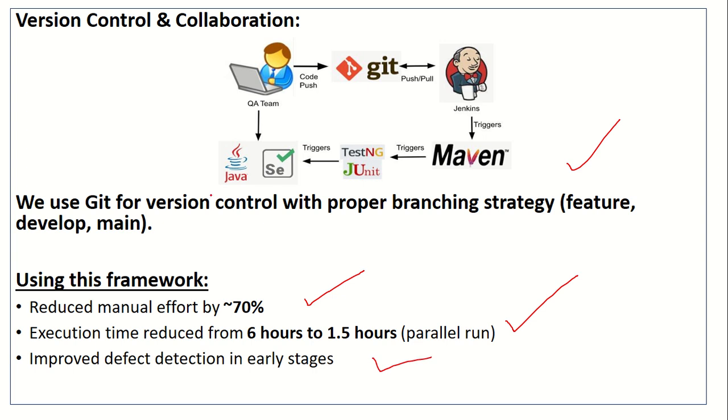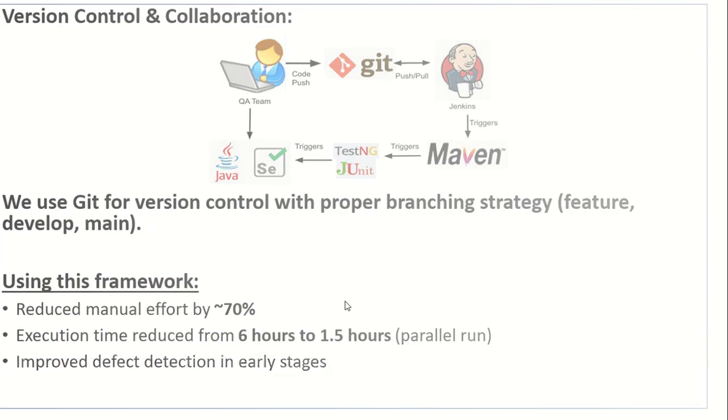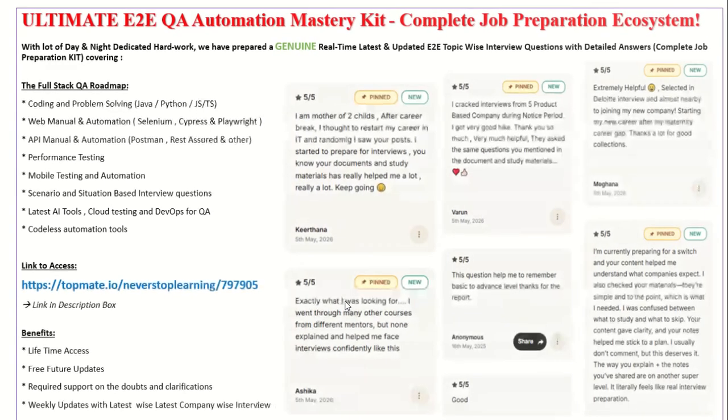So these are the points that you can add at the end, so they will easily get to know that you are experienced in building an automation framework from scratch. So this is how you can give the explanation.